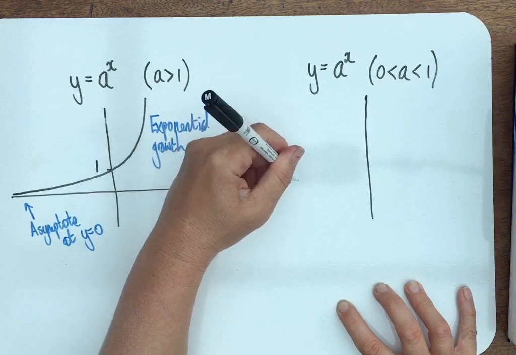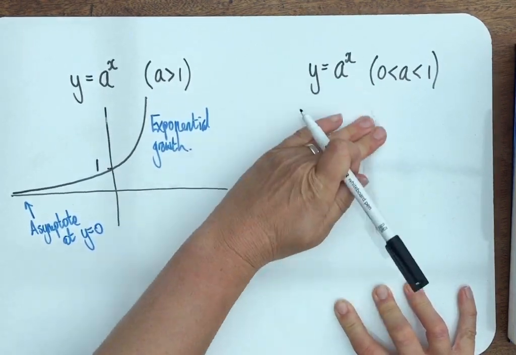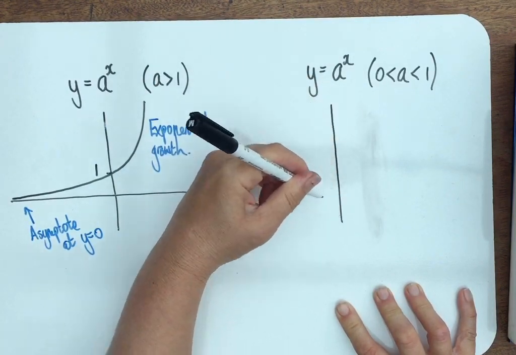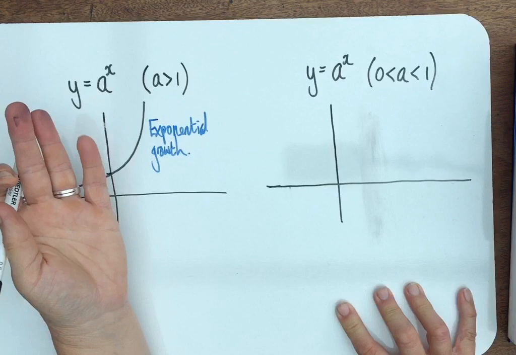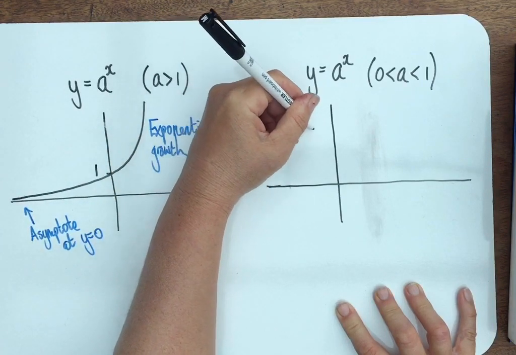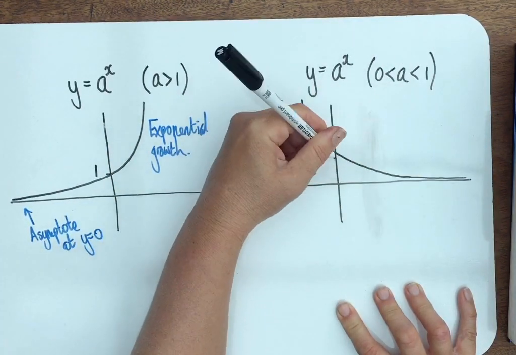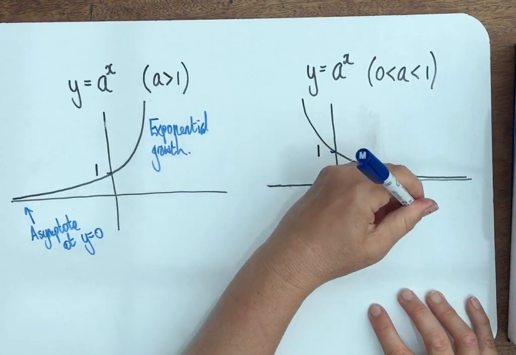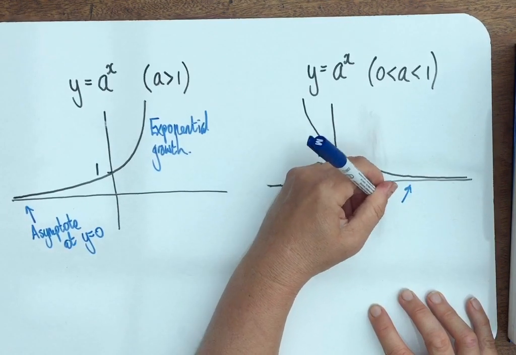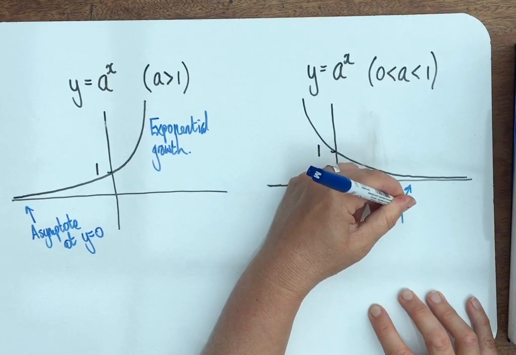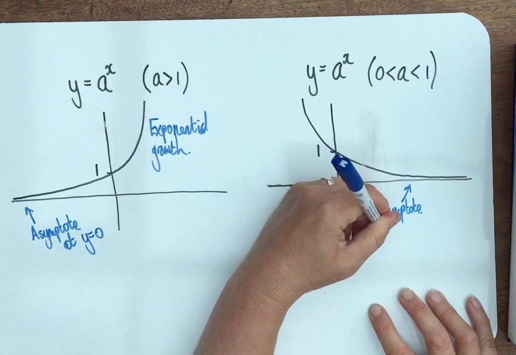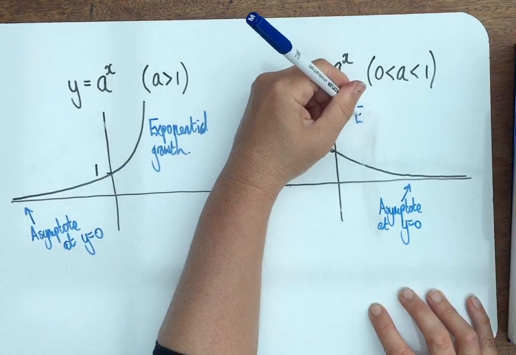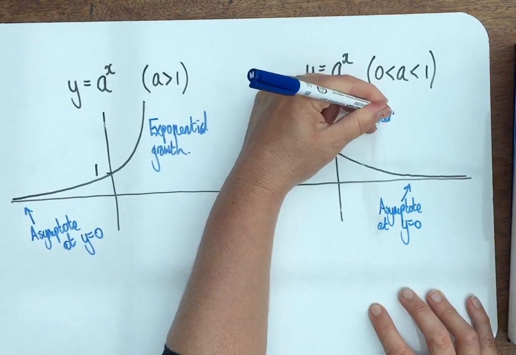So if I do down, down, it's the reflection of this one in the y-axis. So it comes down like so. So this still has an asymptote at y equals 0, passes through 1 on the y-axis, and this is known as exponential decay.